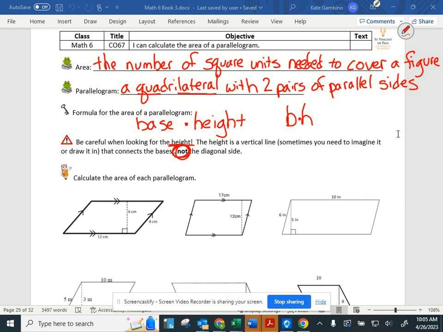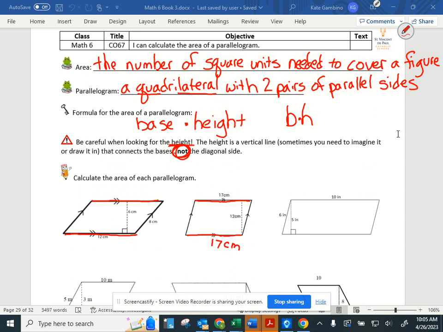So it is not that end piece that is diagonal. Our bases are going to be the top or the bottom. Those are the bases. So if they give you the number on the top, that is the exact same as on the bottom. So we know that is 17 centimeters.